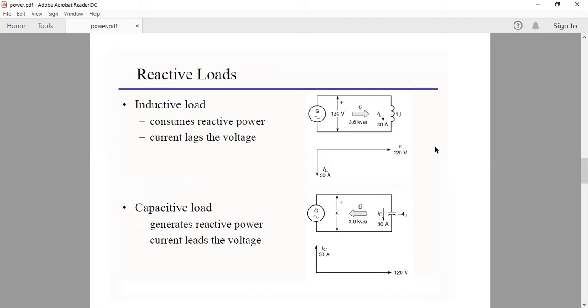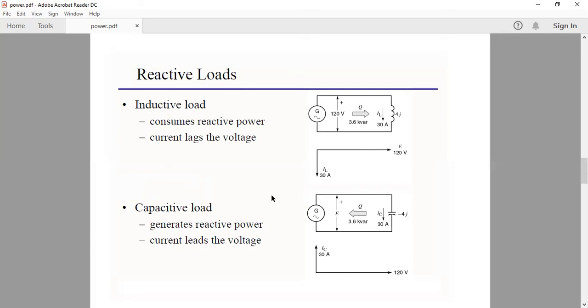Here you can see a circuit in which a generator is supplying the load with 30 amperes of current at 120 volts, and 3.6 kVAR of reactive power, to a load of 4j. Here is the current and voltage phasor relationship. As it is an inductive load, current lags the voltage, as shown in the phasor diagram.